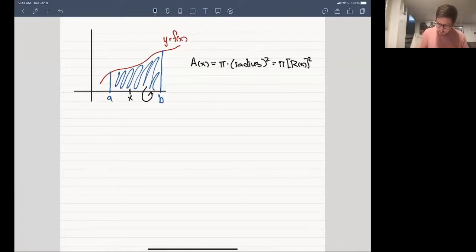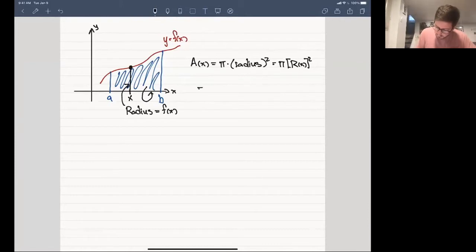So in my case, the axis of revolution, this is my x-axis here, and out all the way to the edge of the object defined by the curve that I'm rotating around. So in my case, the radius is equal to the value of my function f of x.